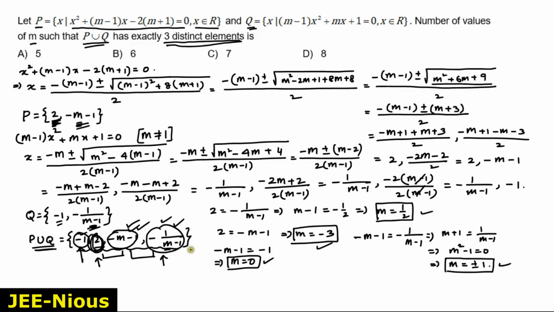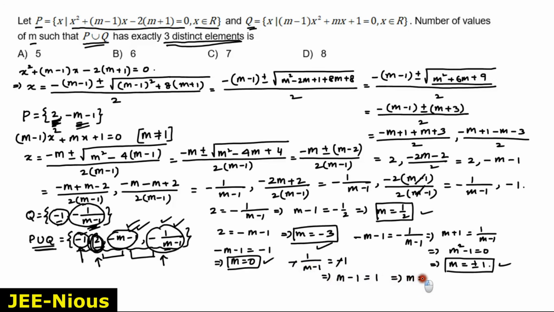Is it clear? Another option is we can say that minus 1 by m minus 1 is equal to minus 1. That is, I am saying that these 2 elements are the same. Okay. If it is so, then the minus signs go off. So m minus 1 is equal to 1.